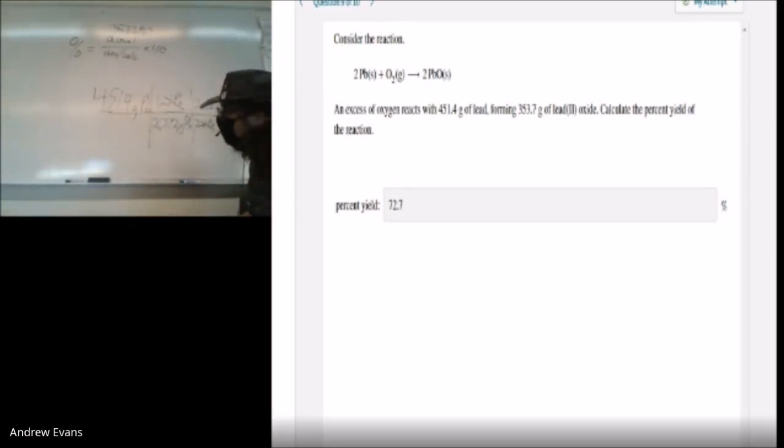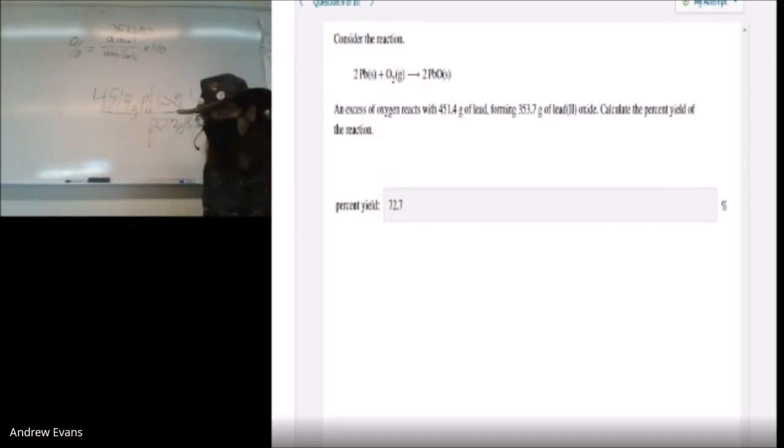So the last step is to convert this to grams of lead oxide. For 1 mole of lead oxide, what is the molar mass? 207 plus 16 puts us at 223.2 grams of lead oxide.